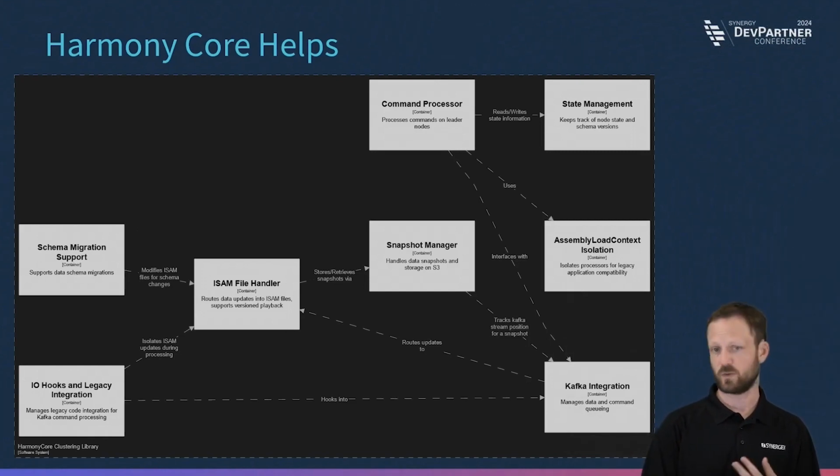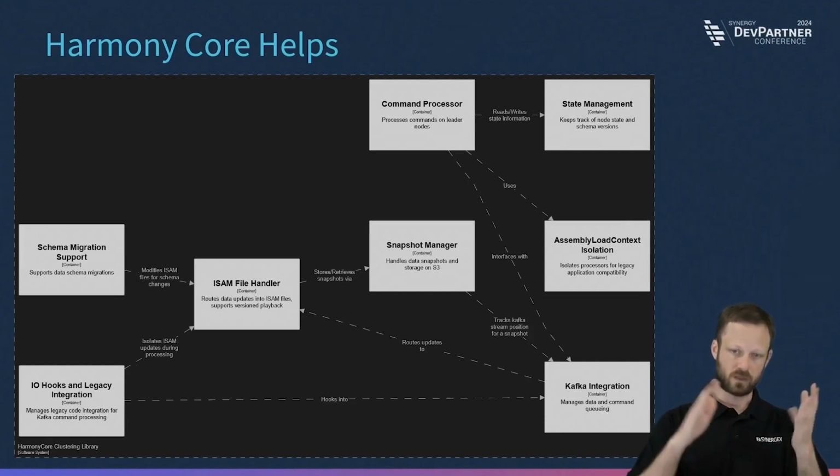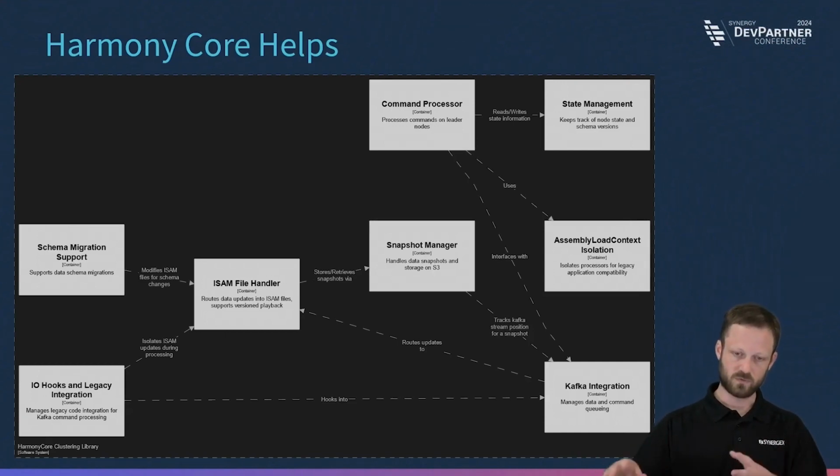So there's Harmony Core bits to help enable that scenario. And we also have the actual Kafka integration. So the bits that replay ISAM file changes, the bits that collect those into queues and do whatever alerting that we need to for coordination. Those are all built into the Harmony Core stuff.